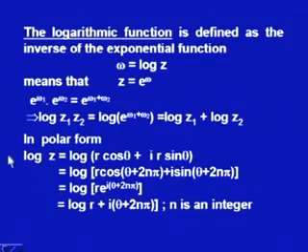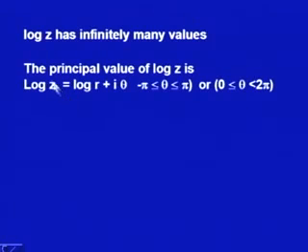This gives me the log of z in polar form. One can notice from the earlier formula that log z has infinitely many values, and the principal value of log z is written as Log z. Notice the difference. This is equal to log r + iθ, where θ varies from -π to π, or sometimes we take θ from 0 to 2π.